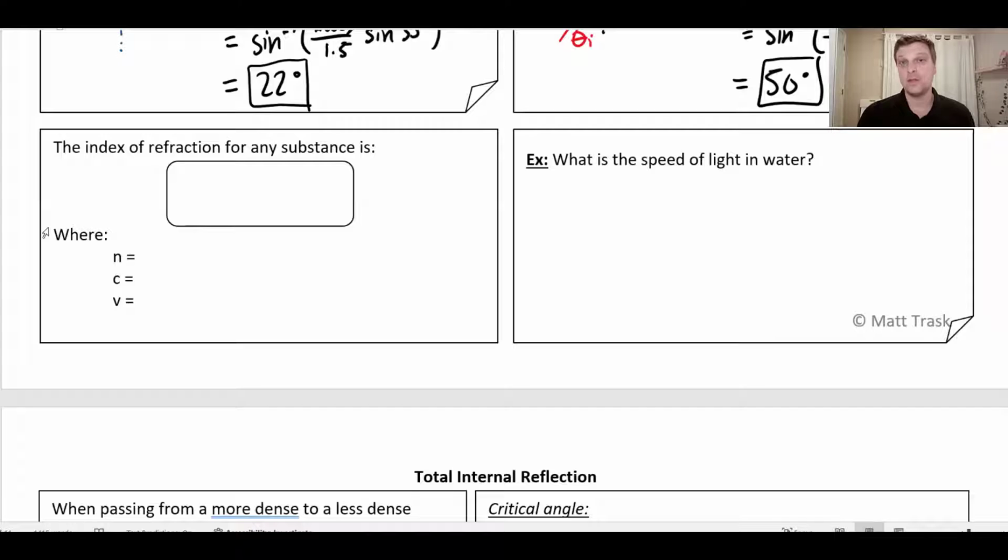Okay, so just a couple more things really quickly. We're just going to define our index of refraction. And so our index of refraction for any given material is going to be c divided by v.